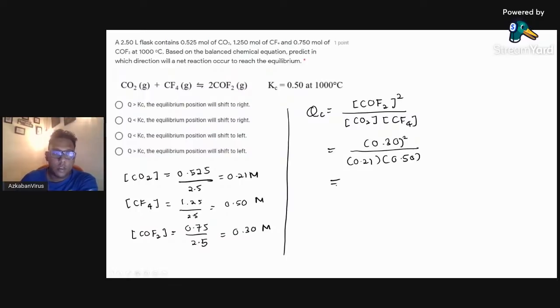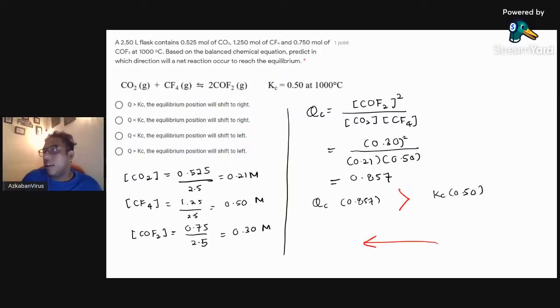QC akan dapat 0.857. And from here, okay, from here you compare QC 0.857, KC 0.50. QC lebih besar atau lebih kecil? Lebih besar. So dia akan shift to the left. Jawapan dia adalah T.